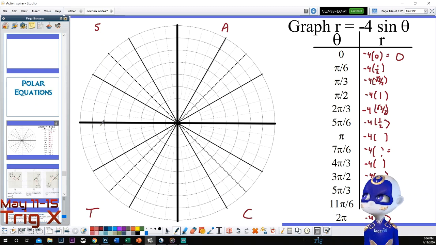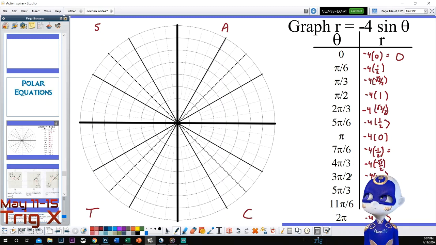Okay, the sine of pi is going to give me 0. Now 7pi/6 goes with pi/6, but we're in quadrant 3 where sine is negative. And in quadrant 4, sine is also negative. So I know that all of these are going to give me negative values. Now next I've got the square root of 3 over 2 because this is the same as pi over 3.